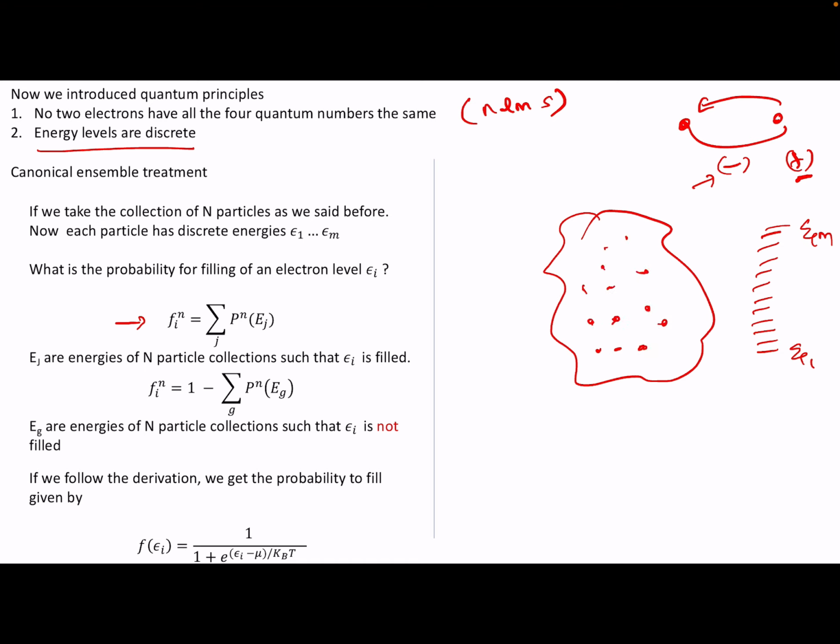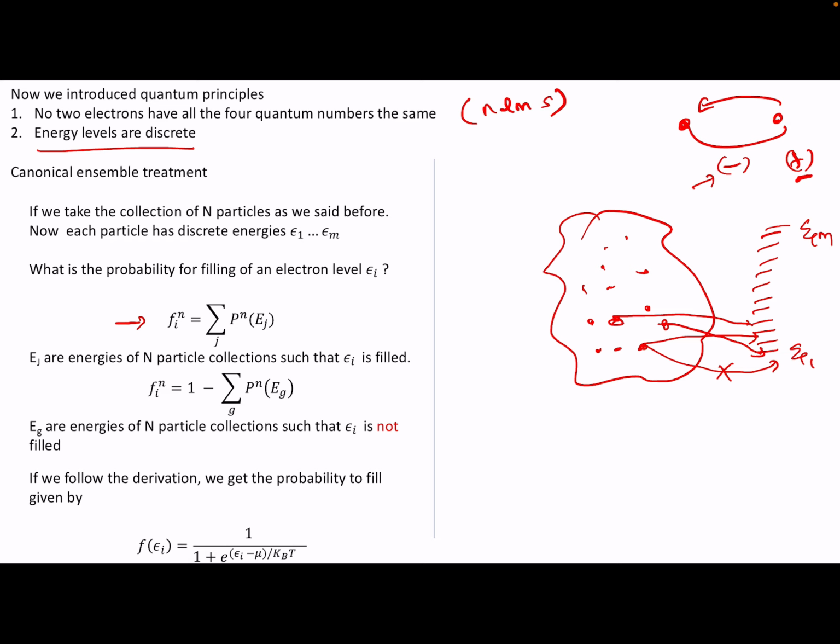These particles have to be filled in these energy levels. If I put one of them into this energy level, the second one obviously cannot go here. It has to go to the next energy level, and the other one to the next, and so on, because this is how it has to be filled.